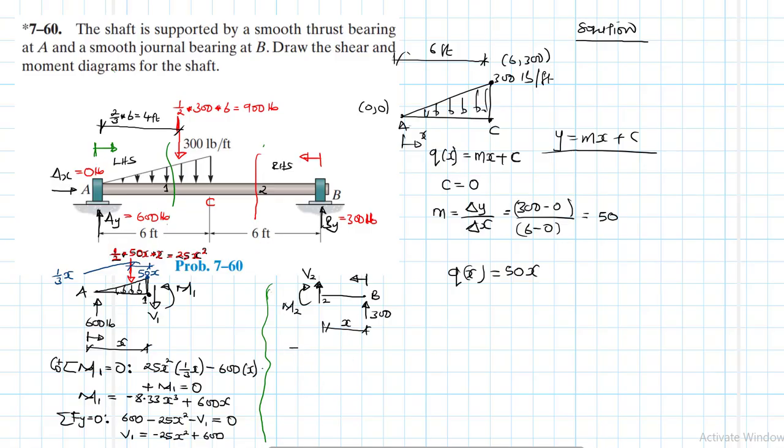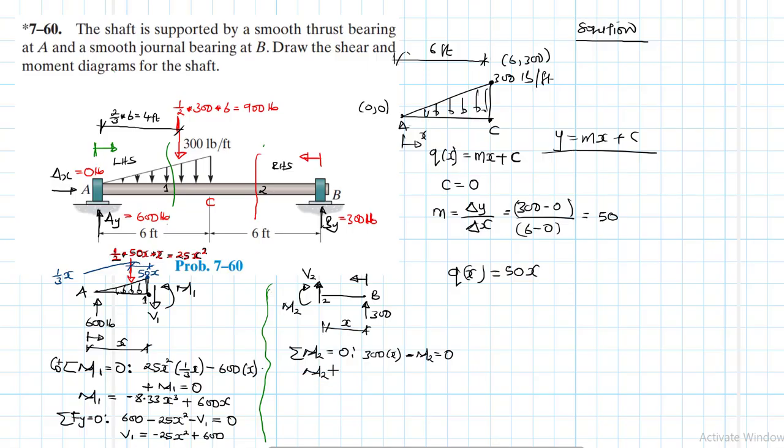So let's apply the equations of equilibrium. Summation of moments about point 2 equal to 0. What do we have? We have 300 by x minus m2 equal to 0.